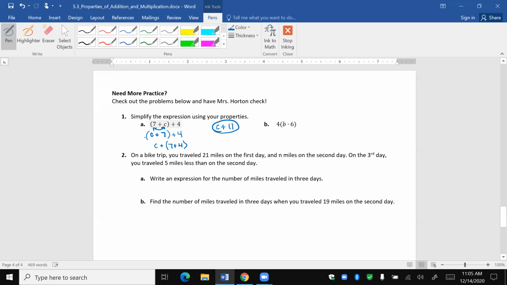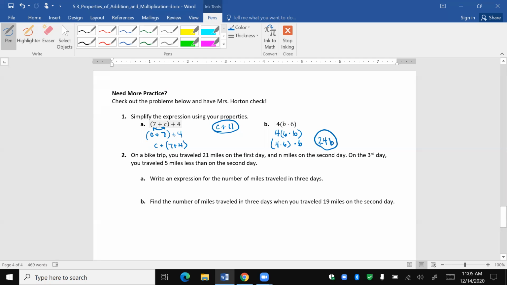So on this first step, using commutative, switching the order. Second step, moving those parentheses around, would be associative. Same thing here for B. I need to switch the order of those. So I've got 4 and then times 6 times B. That would be commutative, switching the order around inside. Then moving my parentheses around, 4 times 6, then times B. That would give us 24B.